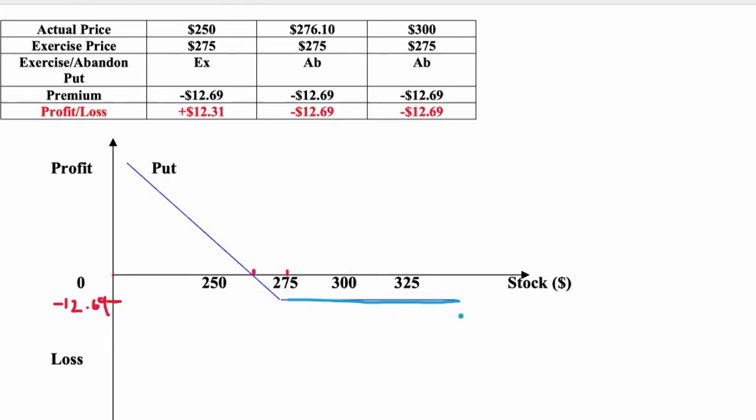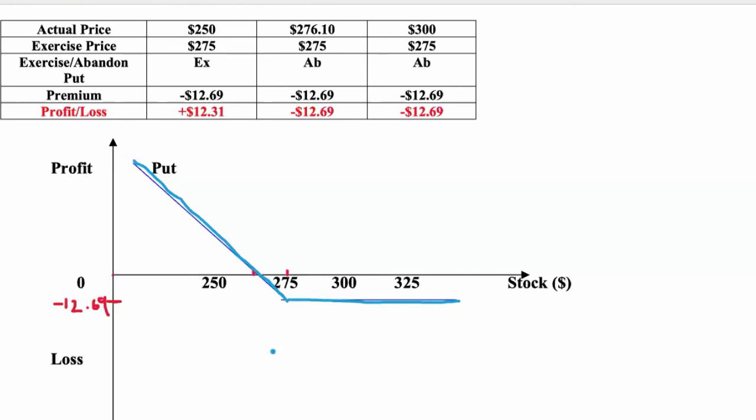So they lose their 1269. At any price lower, they continue gaining on the downside because you can sell it at the higher price of 275 and let the stock keep on falling. If the stock fell to 175, you can buy it back at 175 and make your $100 gain minus your premium of 1269.